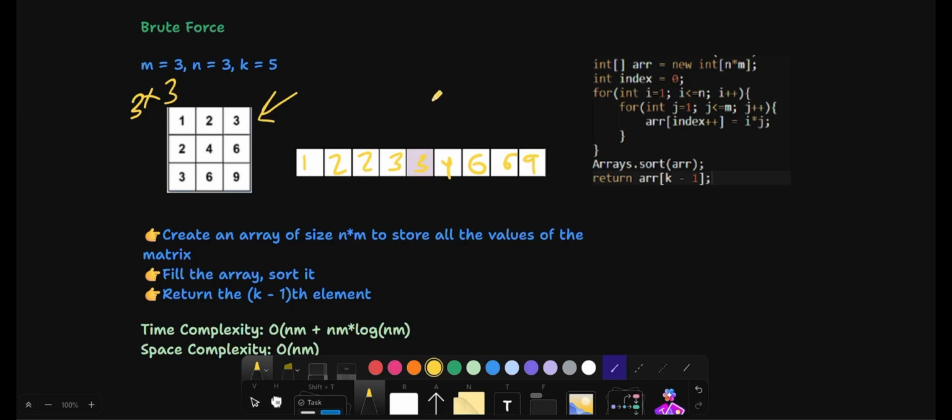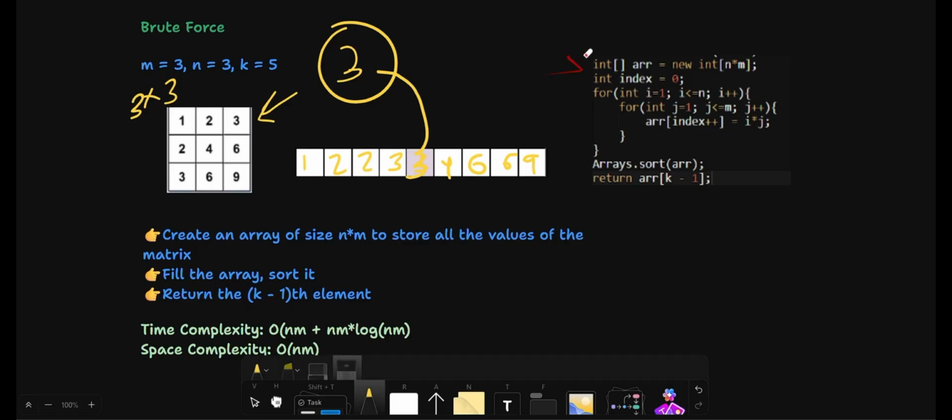After sorting, we can directly return the k minus 1th element, which is 0, 1, 2, 3, 4, so k minus 1 is 4. We have to return the element at index 4, and that is 3 here. So we return 3, and 3 indeed is our correct answer.